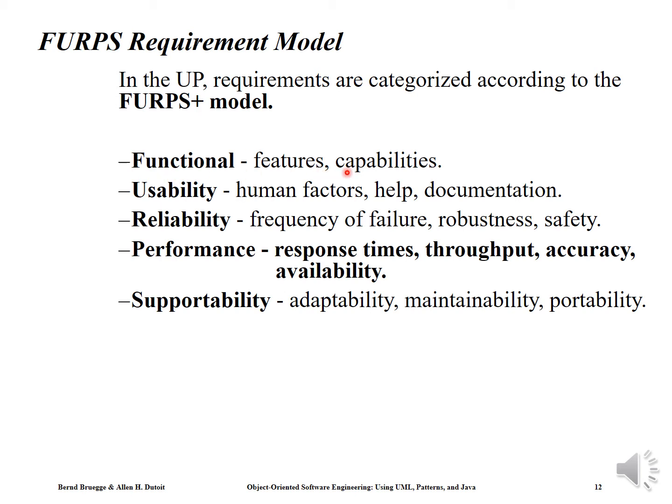F: functional requirements include the features and capabilities your system will perform. Usability is how easy it is to learn the system, how easily the system will get inputs and interpret outputs, and how easy it is to use.